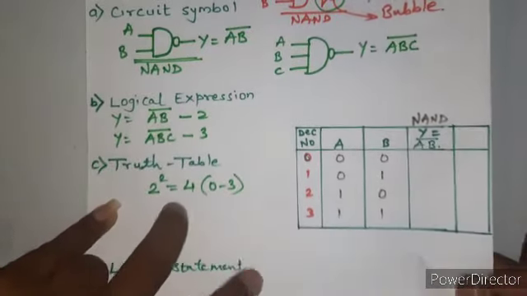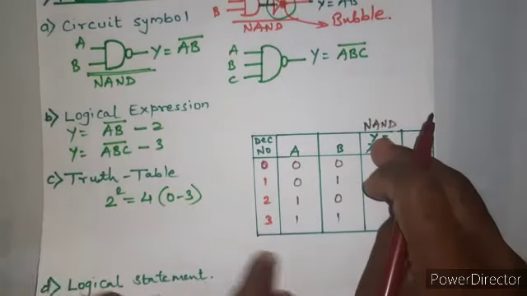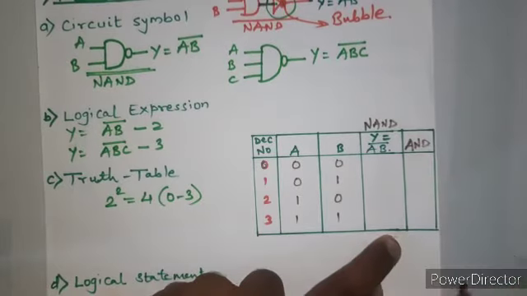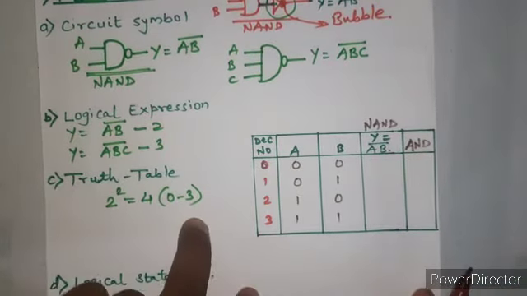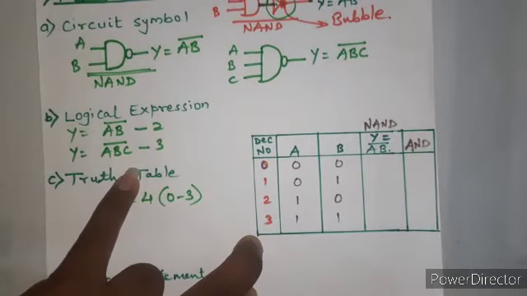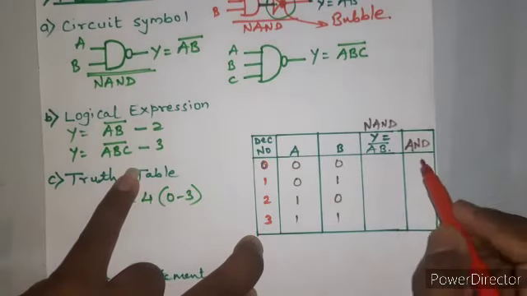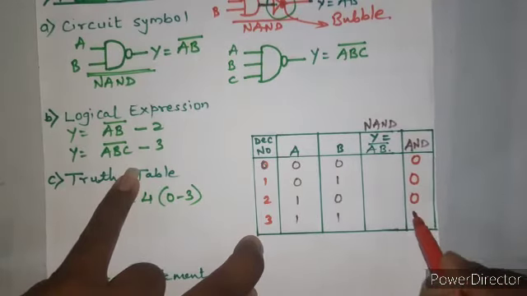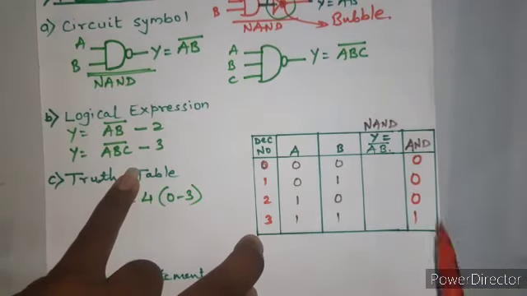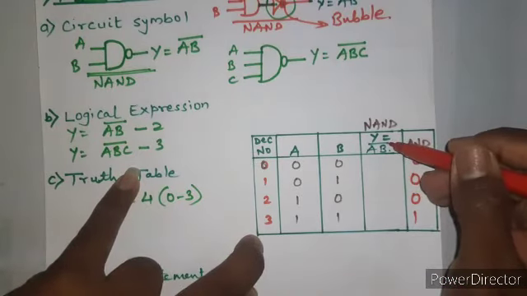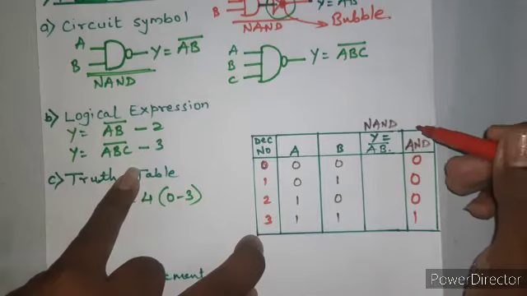But before going for NAND gate, let us try for AND gate first, right? So what is the logic for AND gate? For the AND gate, if any of the input is 0, output is 0. Here it is 1 for AND gate. Now this NAND gate performs exactly opposite to the AND gate.